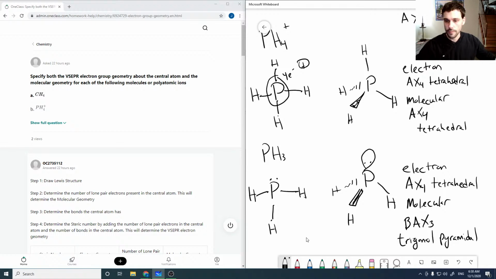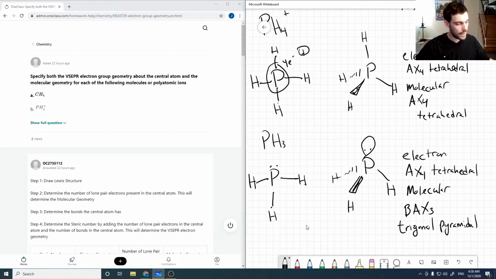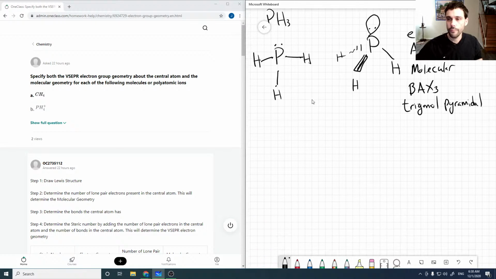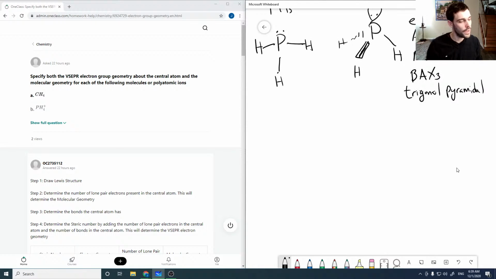And then the last one is NO3. And again, there's 5 valence here and 6 valence on each of the oxygens. NO3 minus.